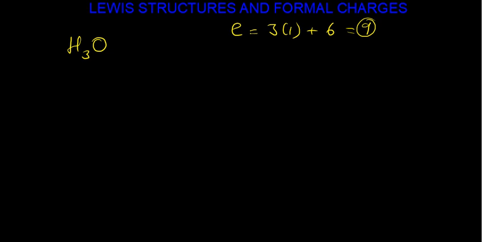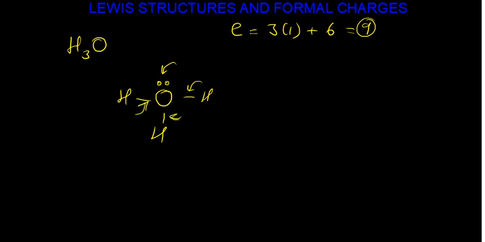So when we are writing the Lewis structure for this compound, oxygen is the central atom, and then we've got hydrogen, hydrogen, and hydrogen. Already we have 3 bonds, meaning 6 electrons. So we need 2 more to be able to balance. If you count all the electrons here, we have 2, 4, 6, and 8.